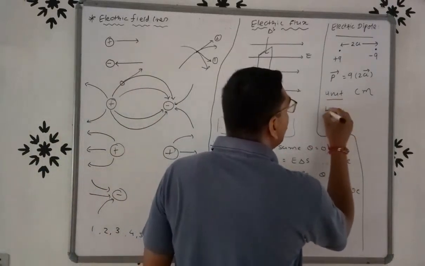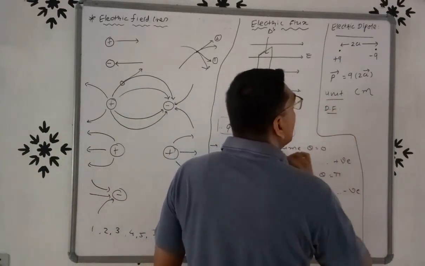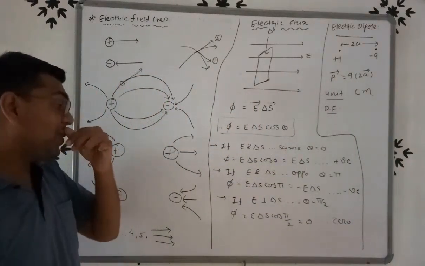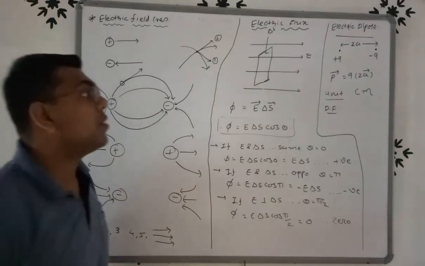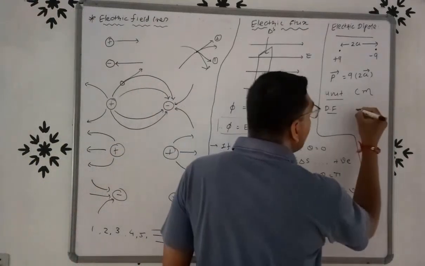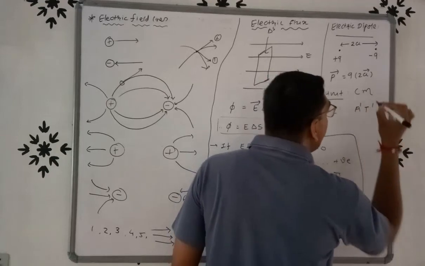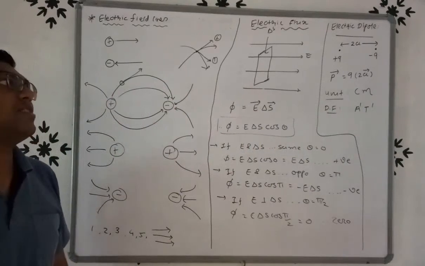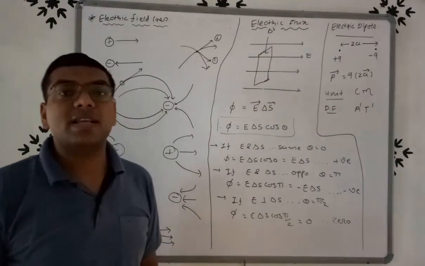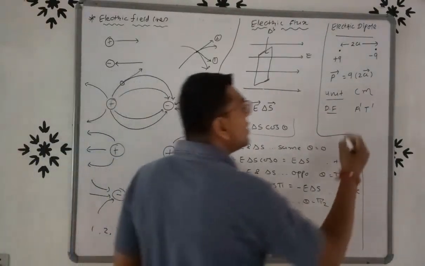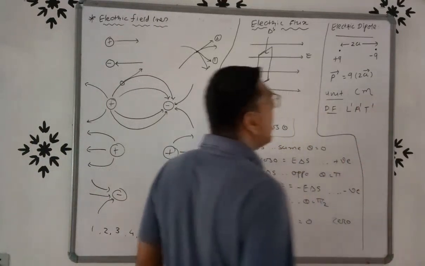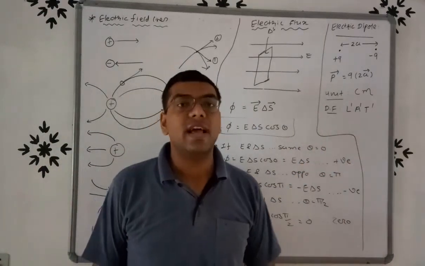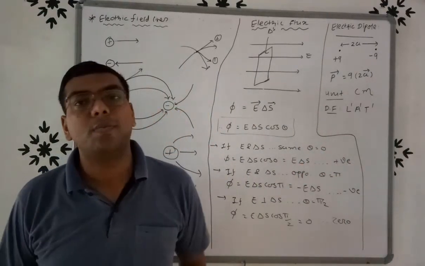Then the dimensional formula, right? From the formula P is equal to Q into 2a, the dimensional formula of charge is A1 T1, and 2a is the distance between the two charges plus Q and minus Q, so the dimensional formula of distance is L1. So the dimensional formula of electric dipole moment is L1 A1 T1 and the unit is coulomb into meter.